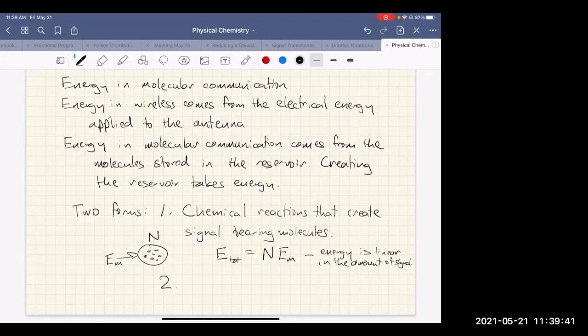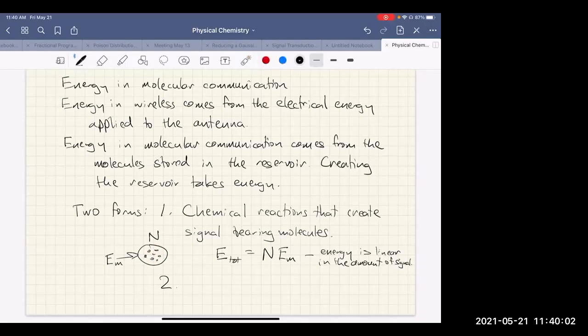Second, let's suppose you were clever and you thought, well, I'm actually not going to create a reservoir by chemical reaction like this. In order to load up this reservoir, I'm going to do something clever.